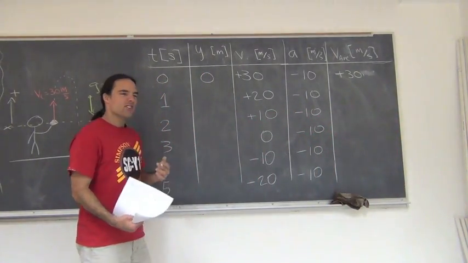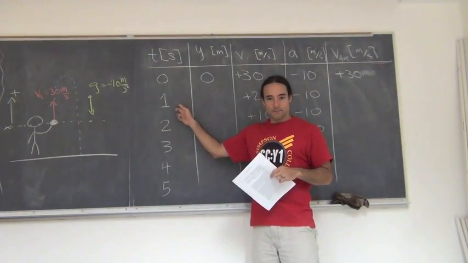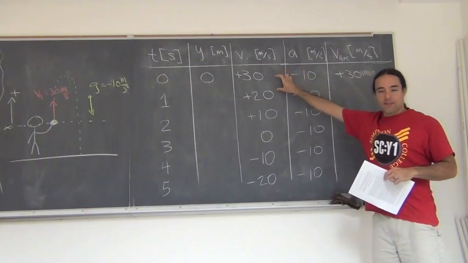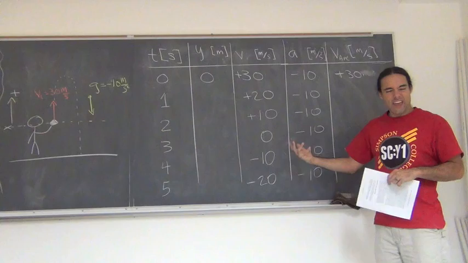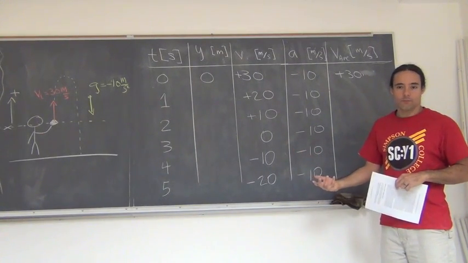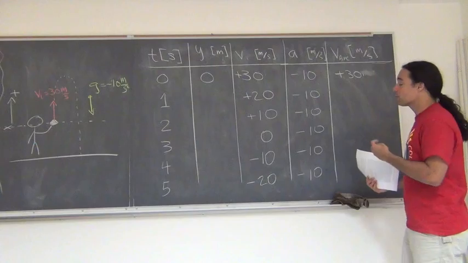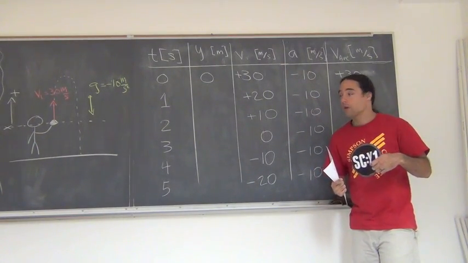Well, now, how fast have I been going on average after 1 second? Well, I started at 30, and I ended up at 20. I've gone down. What's the average of 30 and 20? Well, if I take the average of 30 and 20, taking the average is really just a matter of adding the 2 and then dividing by 2.